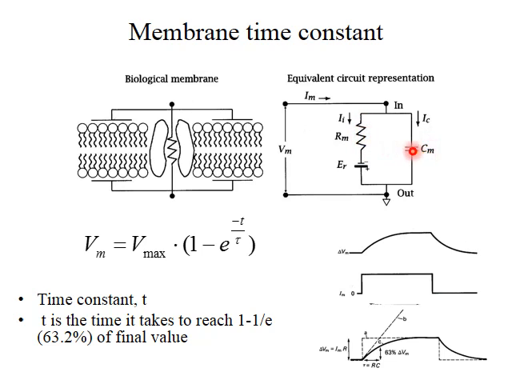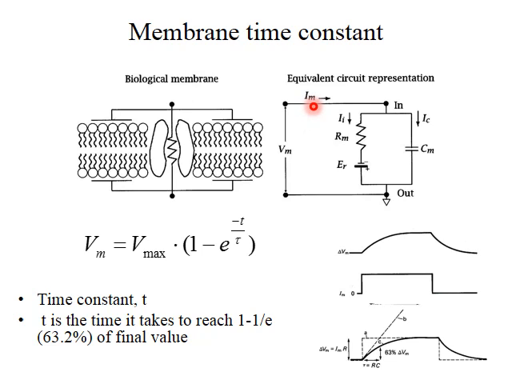The capacitance represents the membrane capacitance. This battery here represents the potassium equilibrium potential. And then there's one more component of this circuit, which is Im, which represents the sodium flowing across the membrane when sodium channels are open.